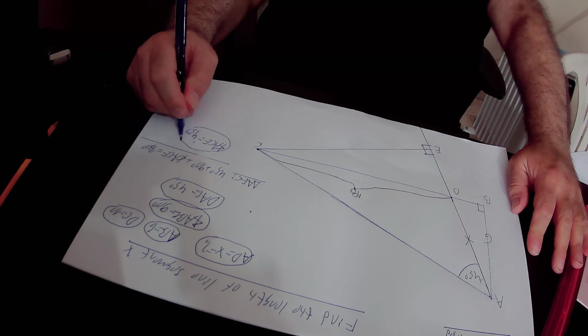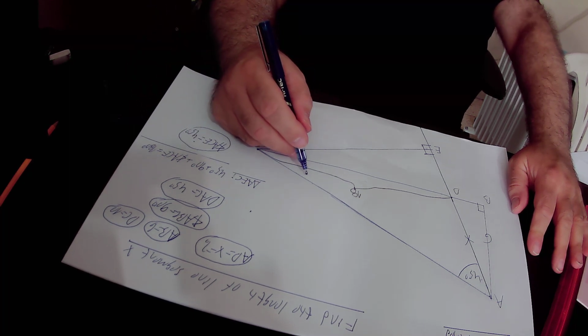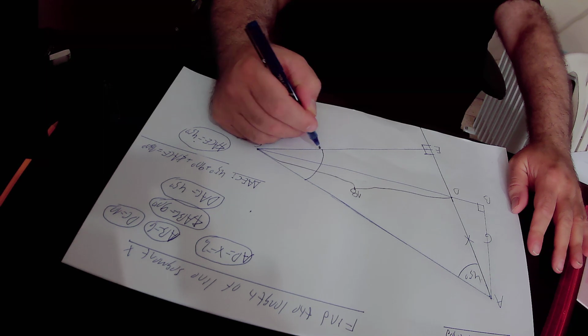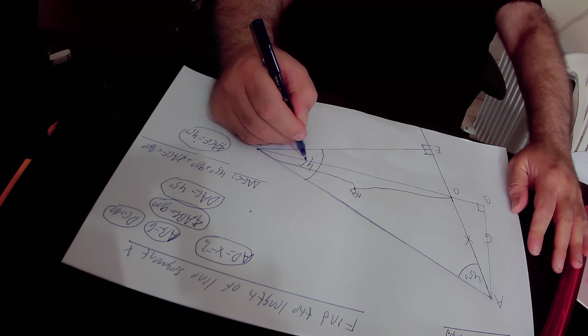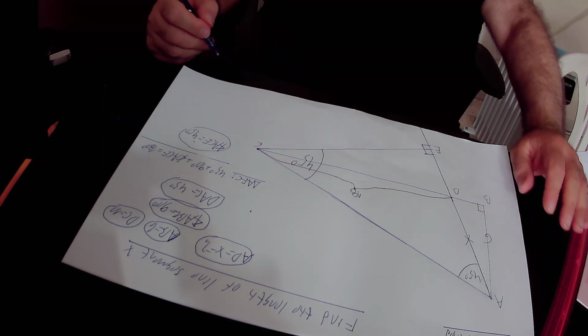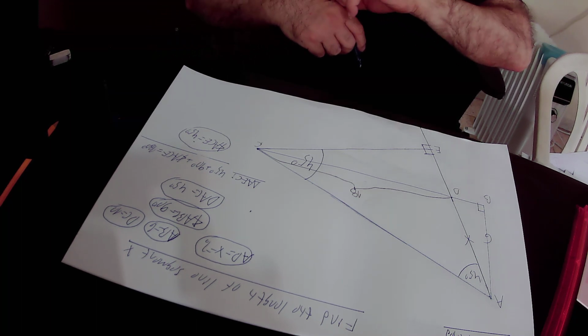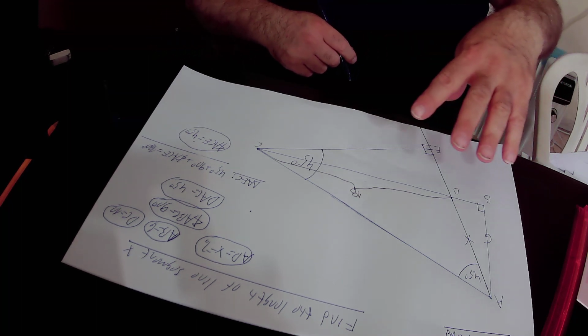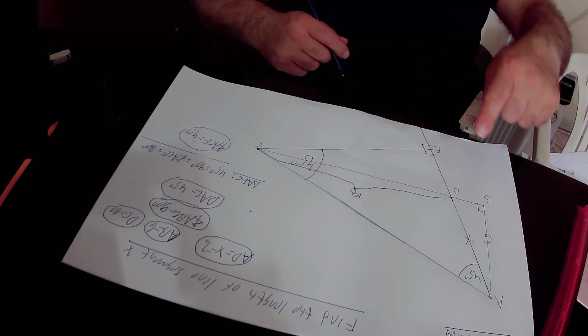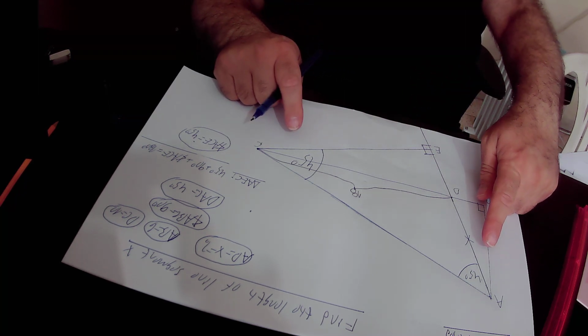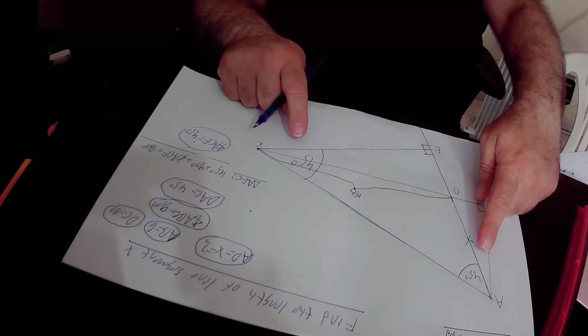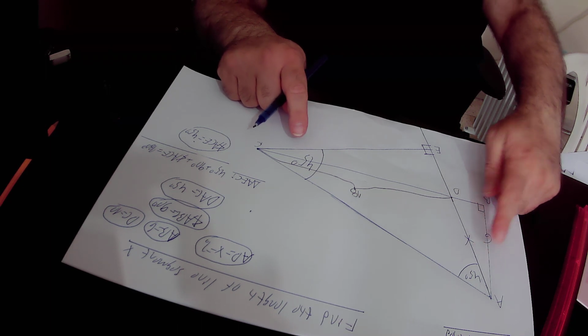So we found out that this angle equals 45 degrees. So actually, in the right triangle AEC, we have two angles that are equal to each other. Both of those two angles are equal to 45 degrees.